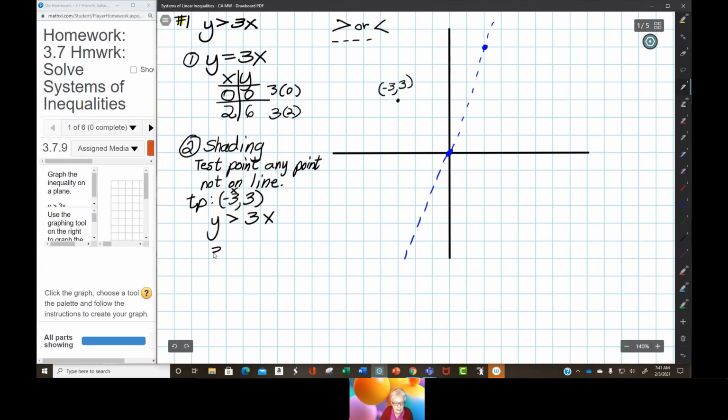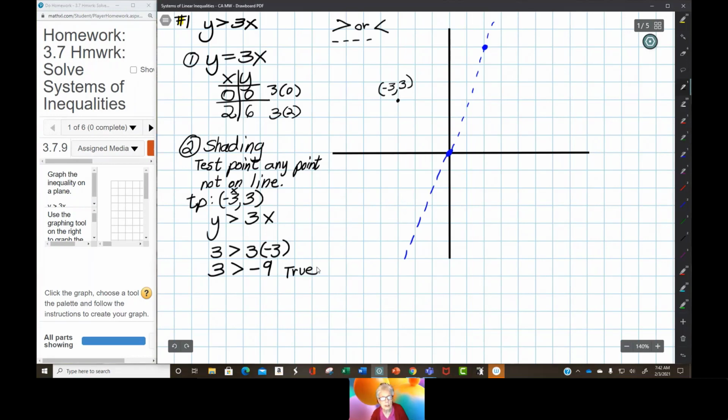And what I get is 3 is greater than 3 times -3. So 3 is greater than -9. And that's true. But you can prove it to yourself. I'm going to show you how.